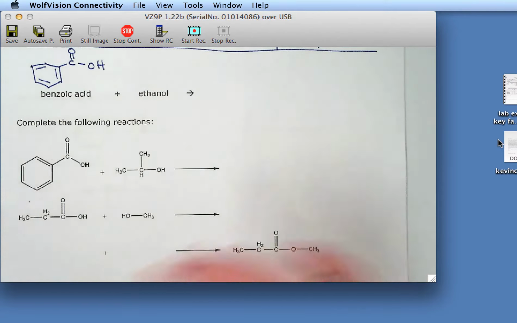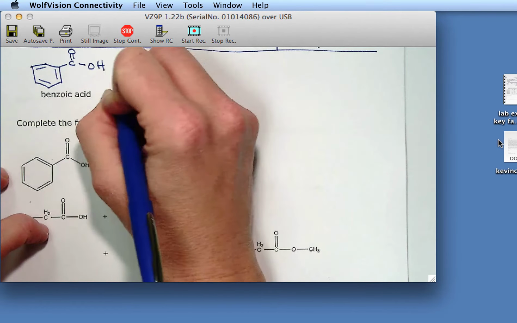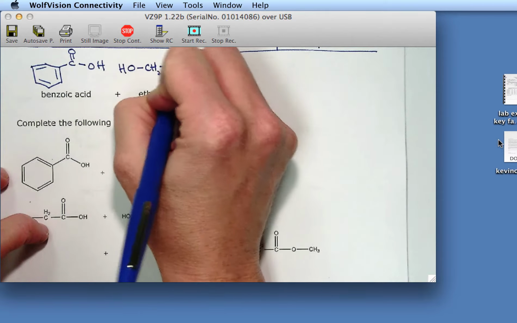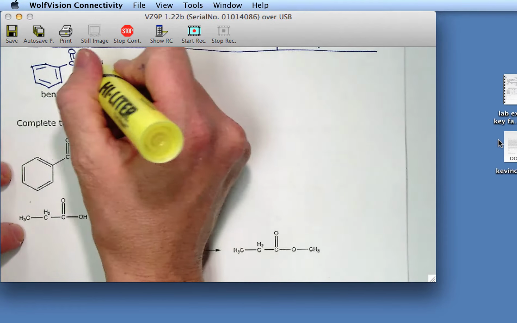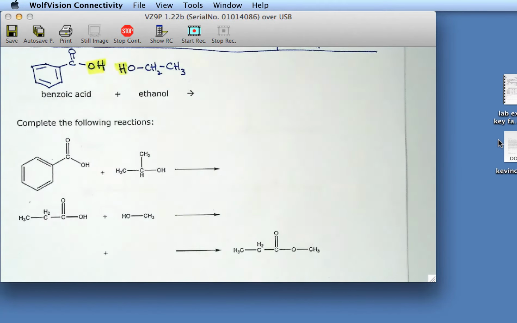Excellent. I'm going to draw it in a more suggestive manner. So those OHs are close together. So they're pointing towards each other. So you're going to lose the OH off the carboxylic acid and the H off the alcohol.